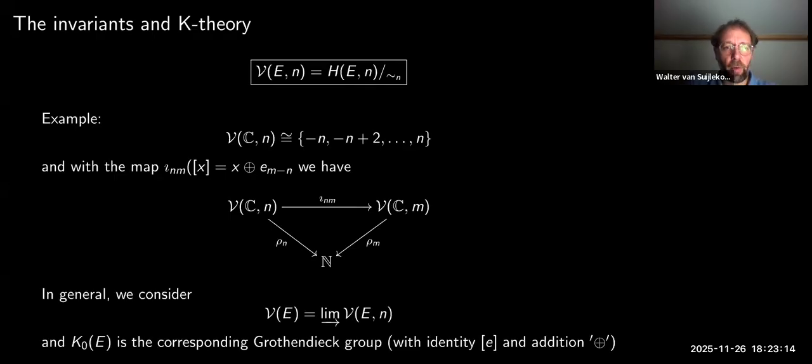And indeed, in general, what we do is we have such maps I, and along these maps we map all these V_E^n into the next ones, and then take the direct limit along these, which just means that if you have two elements in there, then they're equivalent if at some next level they're homotopy equivalent.